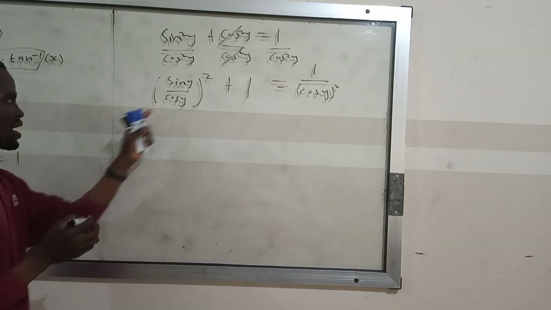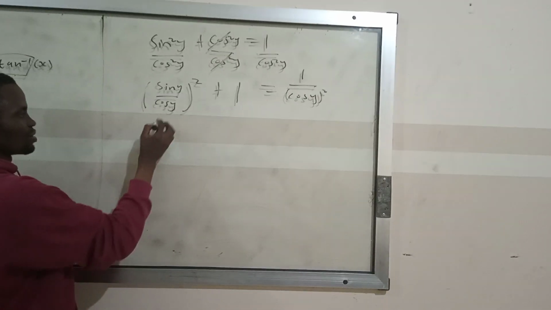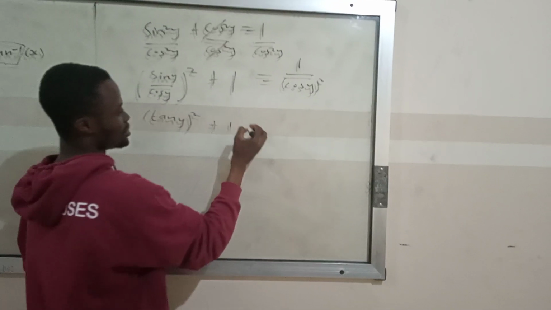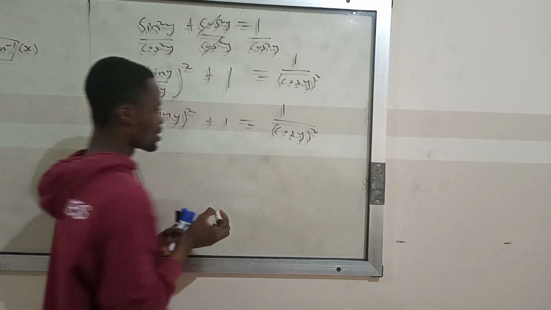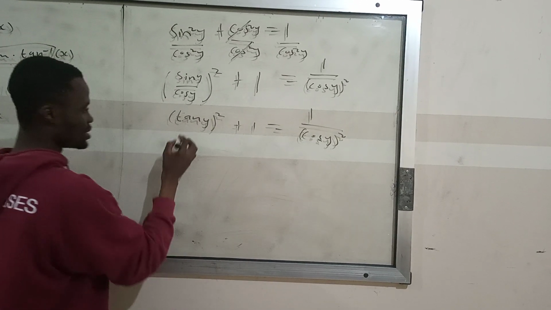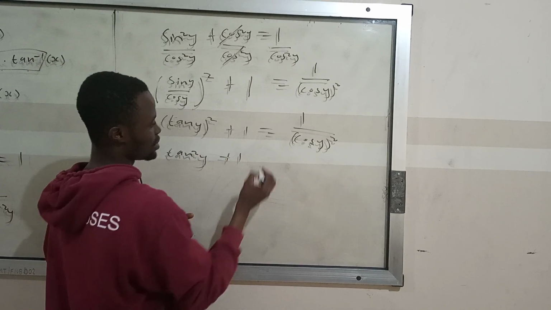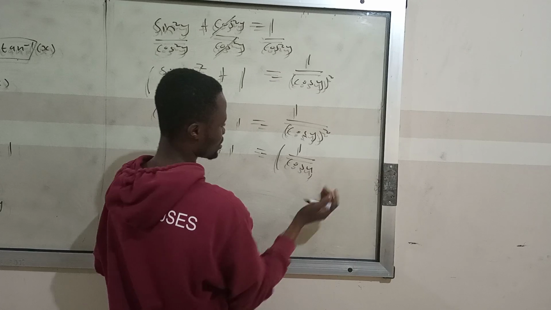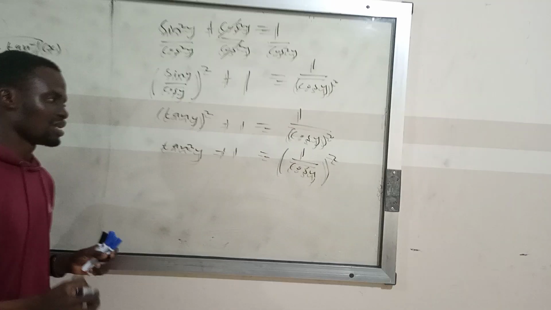But sin y over cos y is tan. So you're going to get tan y all squared plus 1 equal to this. So this whole thing is the same as tan square y plus 1 equal to 1 over cos y all squared, because 1 raised to the power any number is 1.